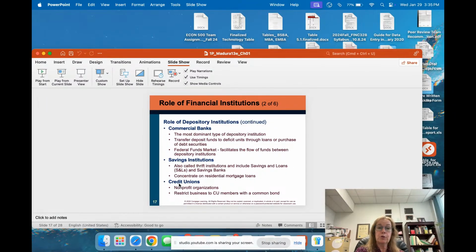I think there's a credit union here at Nichols, actually, for Nichols employees. But anyway, if you have the opportunity ever to join a credit union, I would recommend it because their fees are very low. Their interest rates tend to be lower, and they don't have the bureaucracy that you have with commercial banks.